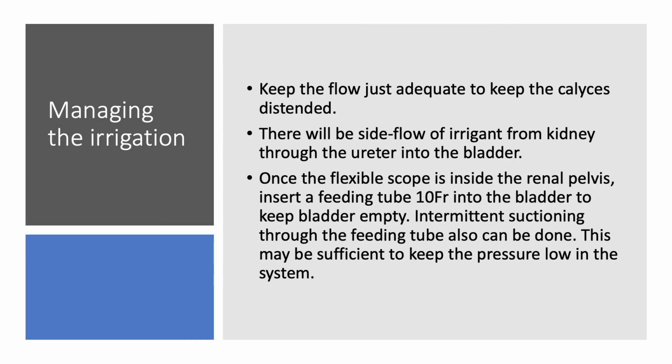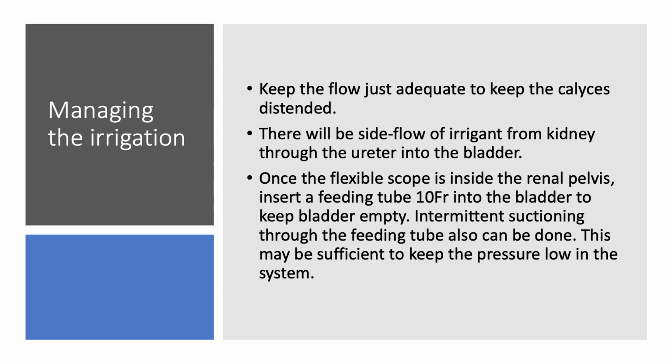Secondly, once the flexible scope is inside the renal pelvis, insert a 10 French feeding tube into the bladder to keep the bladder empty. Intermittent suctioning through the feeding tube also can be done. This keeps the pressure low in the bladder.